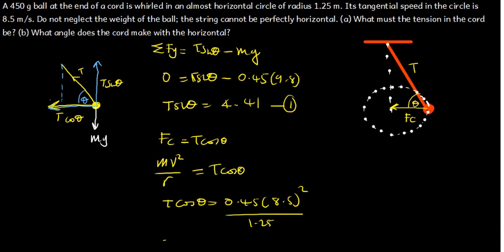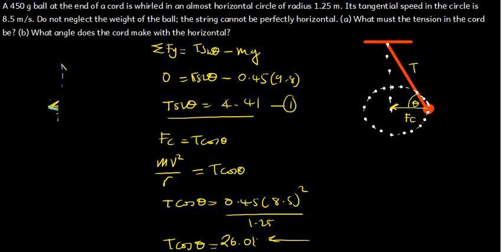So T cos theta is equal to 0.45 multiplied by 8.5 squared divided by 1.25, which is going to be 26.01.